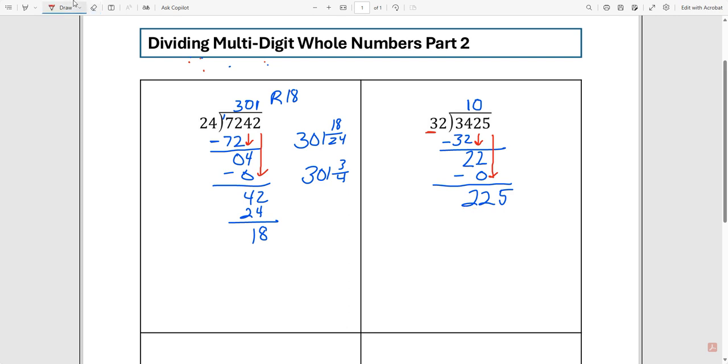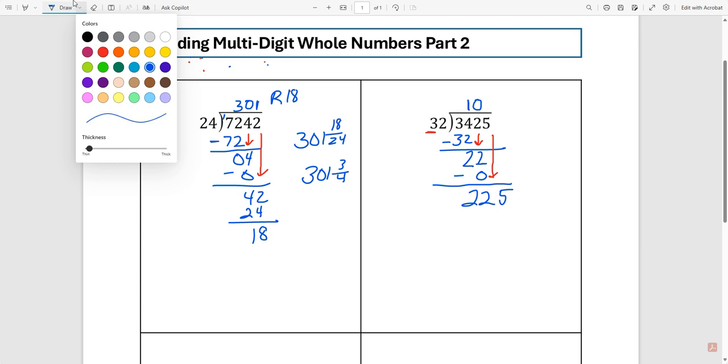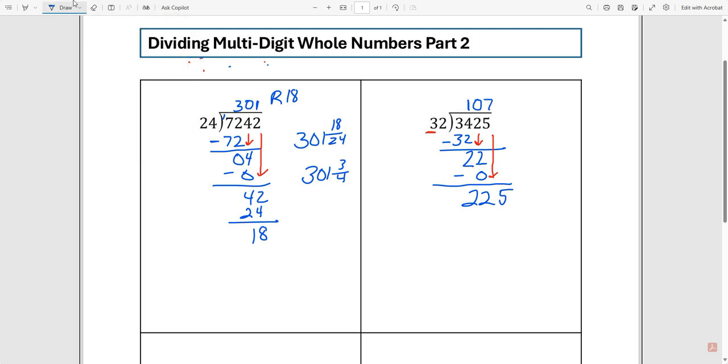Now we're going to put the 7 above the 5 here. Let's multiply and see what we get. 7 times 2 is 14, and we'll carry the 1. 7 times 3 is 21, plus the 1 is 22. And we have 224, which works. 5 minus 4 is 1, 22 minus 22 is 0.